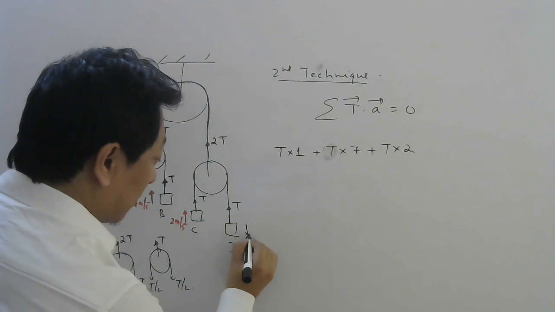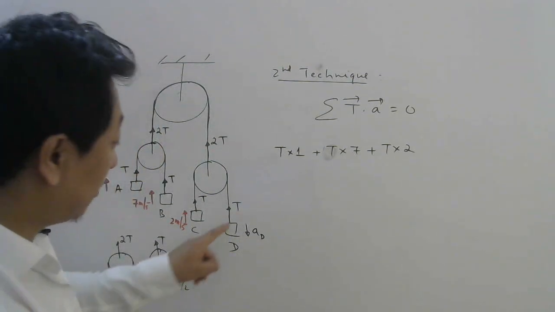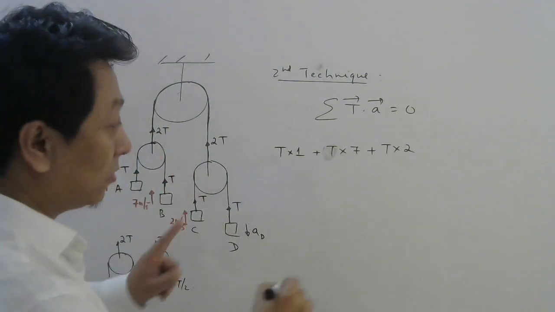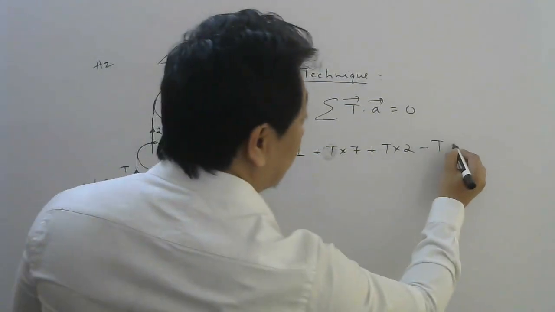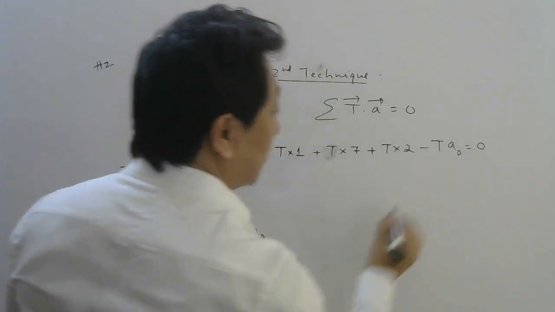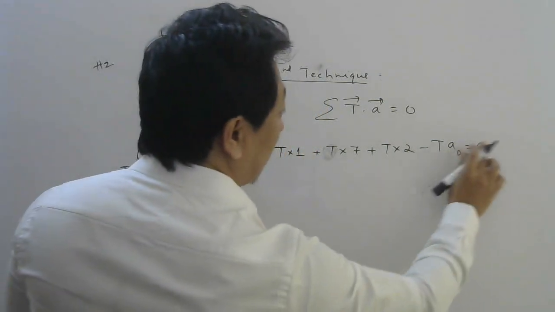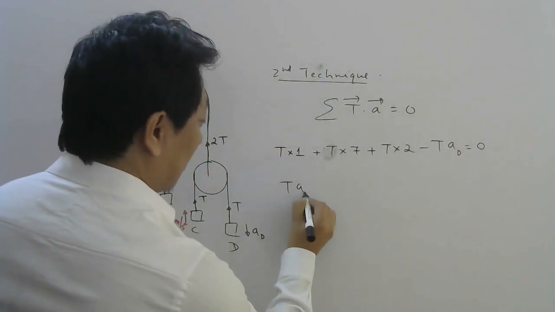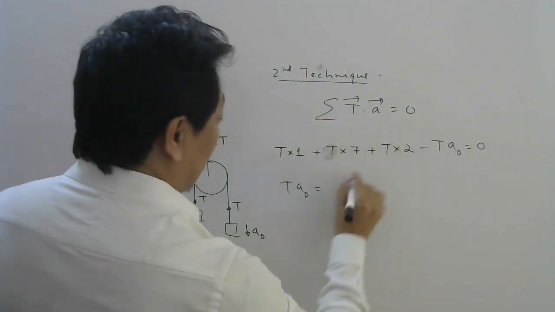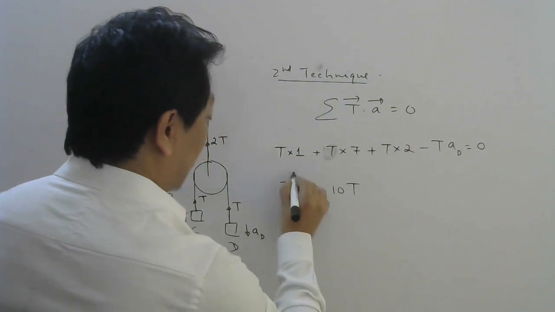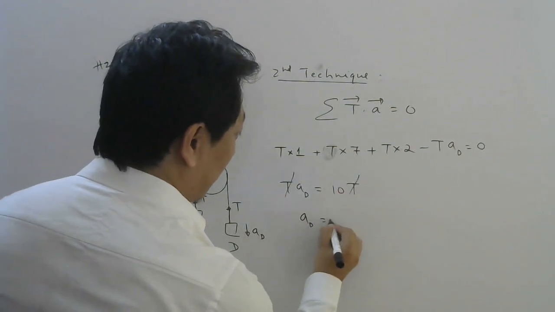Here let me assume acceleration is down, so tension and acceleration are opposite, it will be minus tension into acceleration of this, which we don't know. That should be equal to 0. So take this minus T AD that side, and this T, 7T plus 2T, 10T, right? And T will cancel, so AD will be 10.